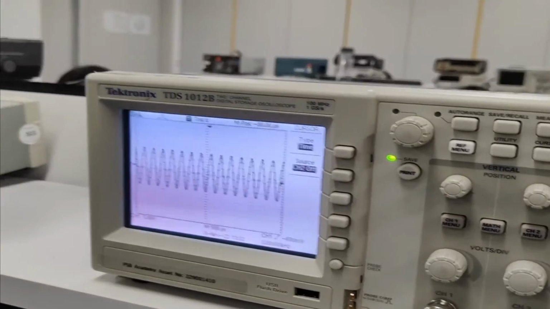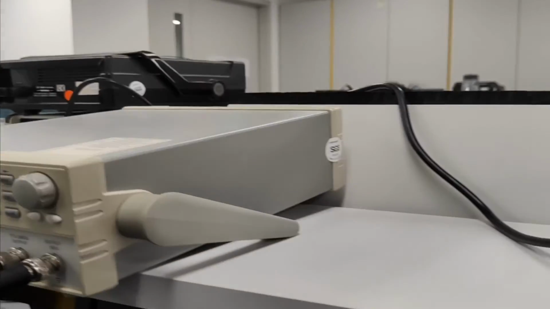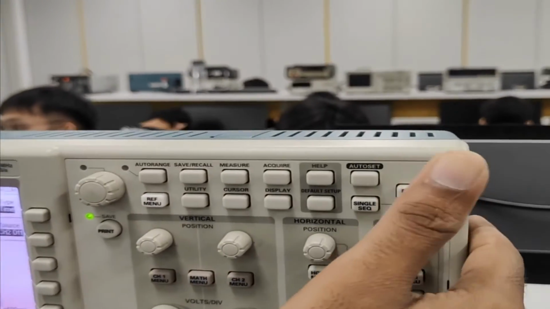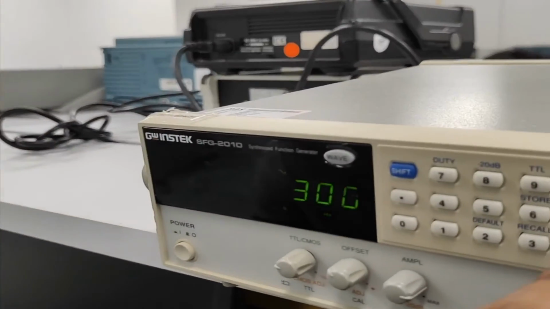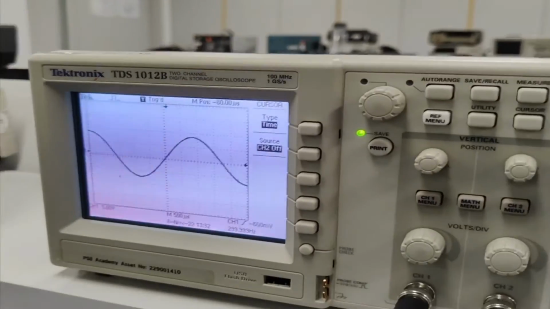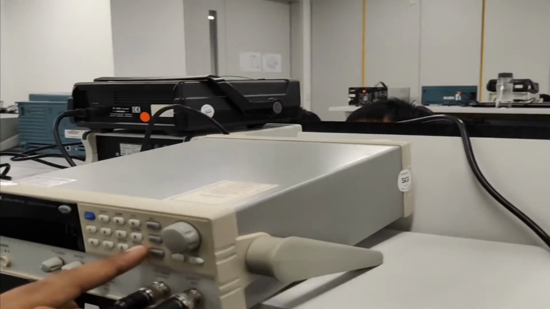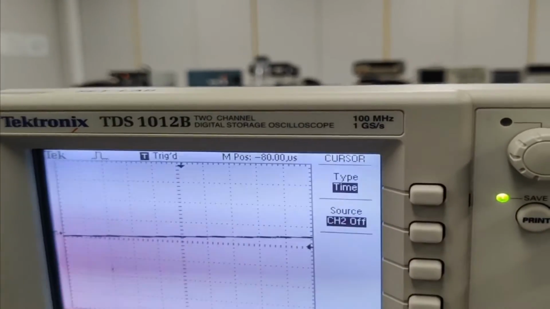So I kept it at 300 hertz. If I keep it at 300, you can see the change in the frequency over here. If I give 200 hertz, it is a straight line.